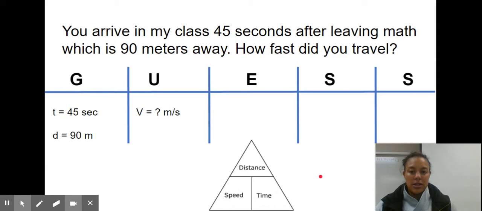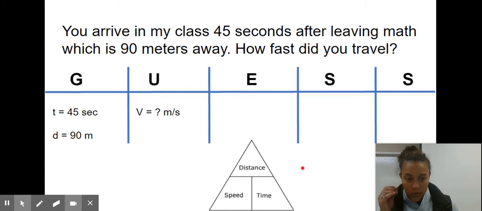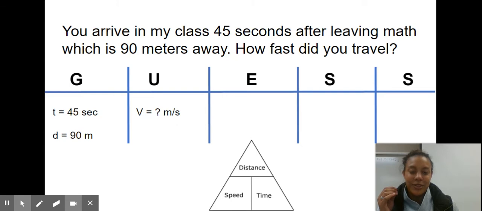I like to teach it this way with our triangles. I'm going to try and make this work. If you cover up what we're trying to solve for, speed, over here, you see that distance is on top of time.